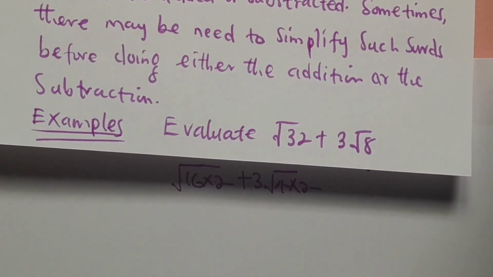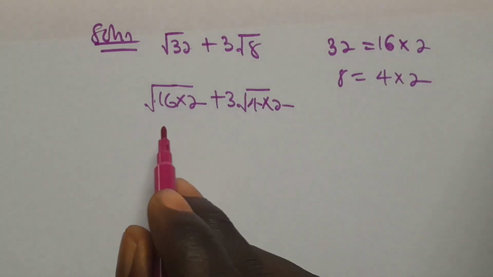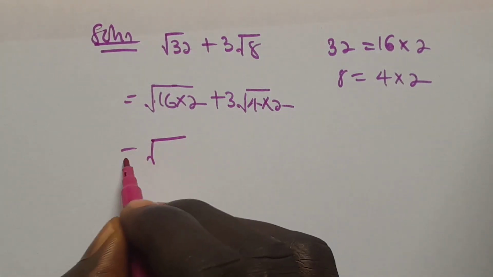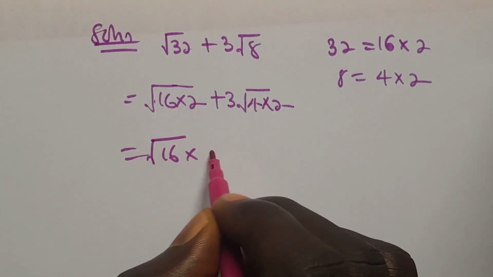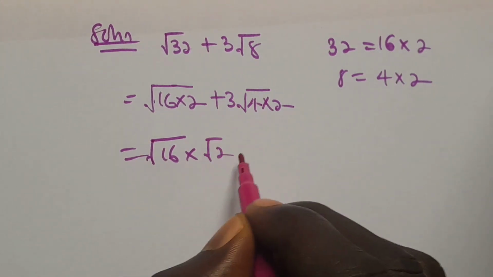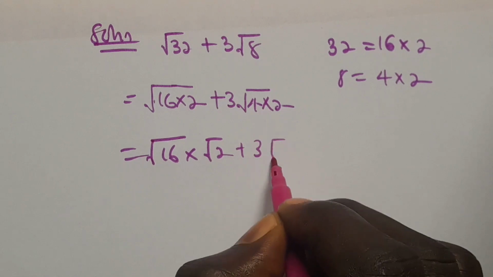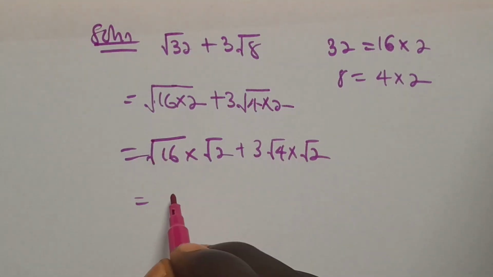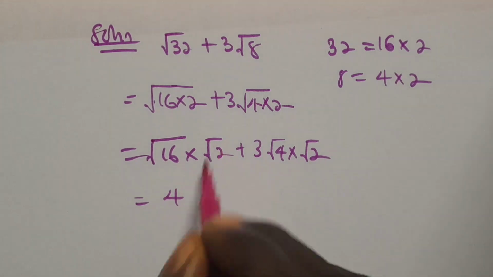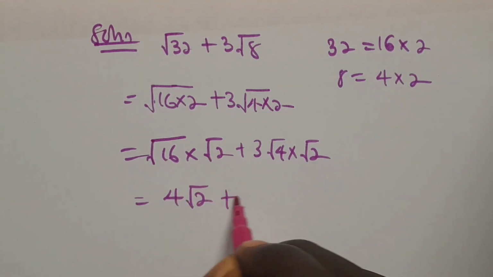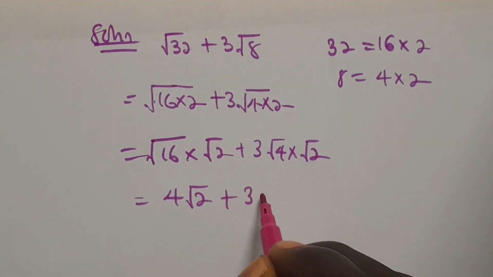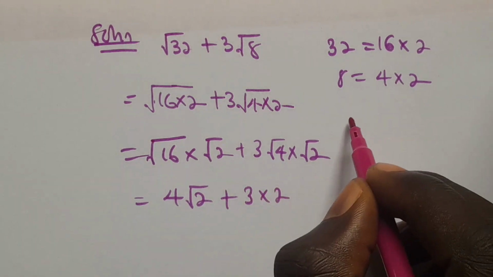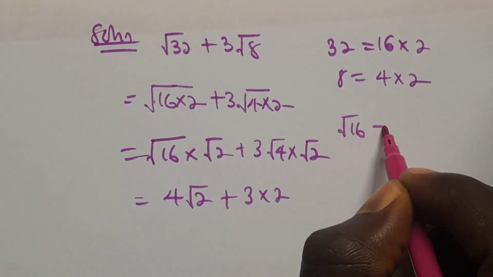Now let's simplify this very well. The first one will be square root of 16 multiplied by square root of 2, plus 3 multiplied by square root of 4 multiplied by square root of 2. Square root of 16 will be 4 because it's a perfect square, multiplied by square root of 2, plus 3 multiplied by square root of 4, which equals 2, multiplied by square root of 2.